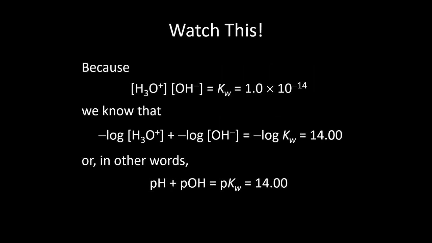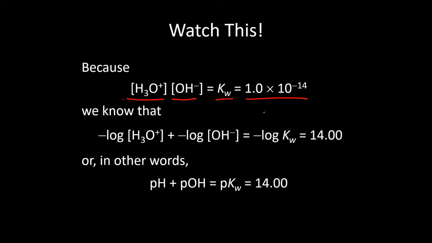So when we're looking at each of these things, there's some interesting stuff that happens when we're using all of these P values together. We've discussed in the previous video how the concentrations of H plus and OH minus, when multiplied together, are equal to the equilibrium constant for the autoionization of water, and that constant is equal to 1 times 10 to the negative 14.